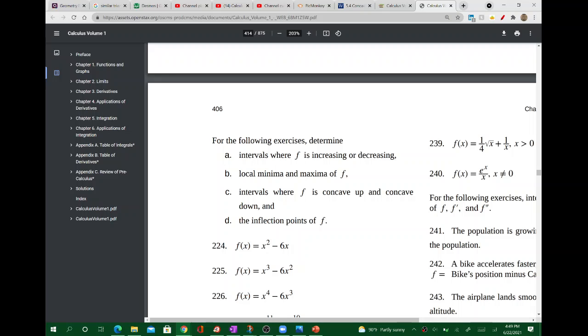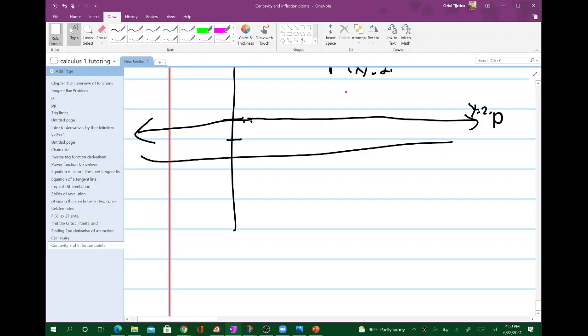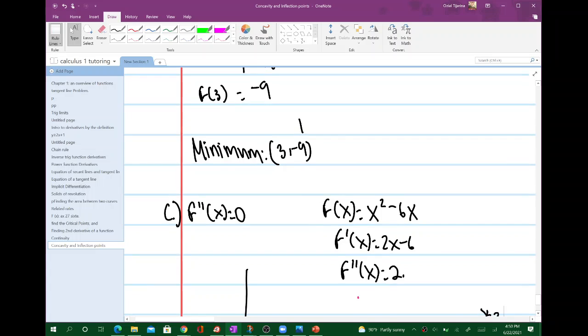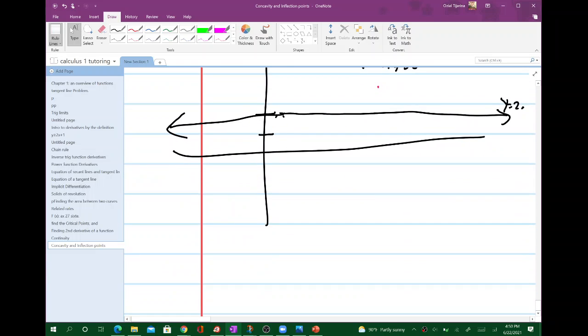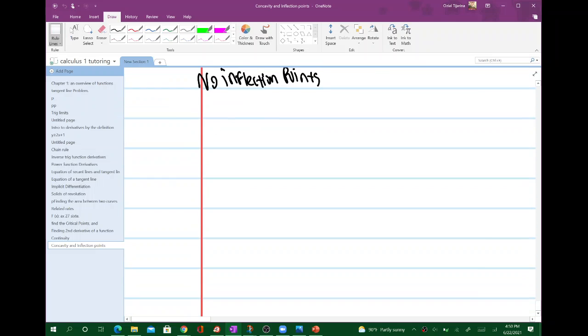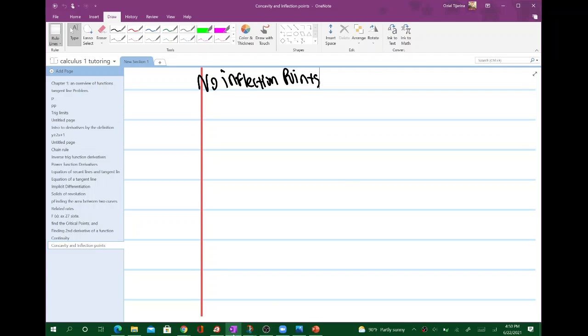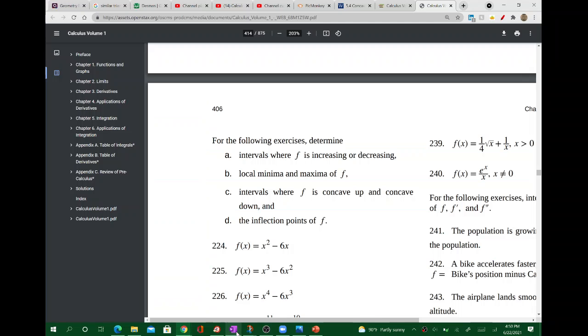So give me 1 second. Okay, so here, because f double prime of x cannot equal 0, there are no inflection points. Okay, we're gonna do one more. So let's just do one more.